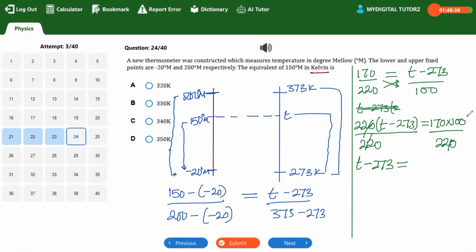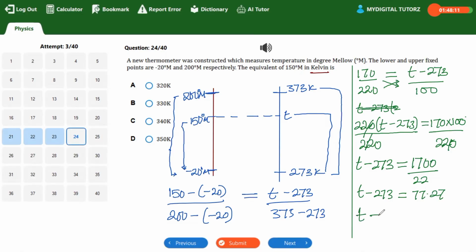We cancel this 0, I'll be left with 1700 all over 22. So that I have t minus 273 equal to 1700 divided by 22. That will give us 77.27.